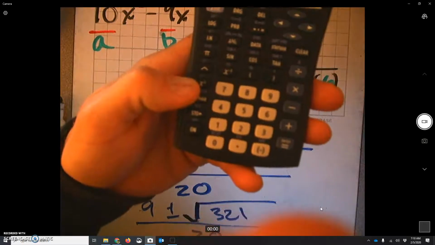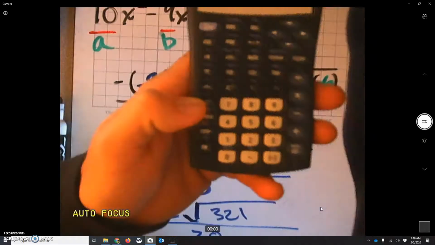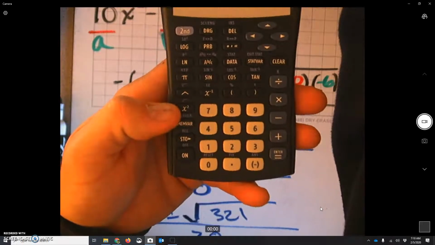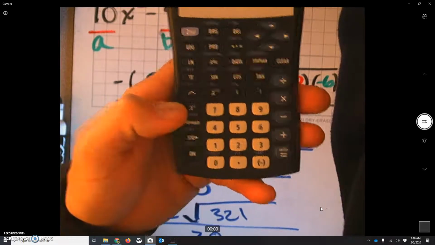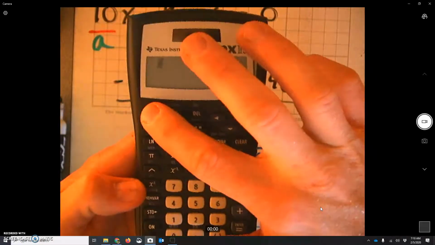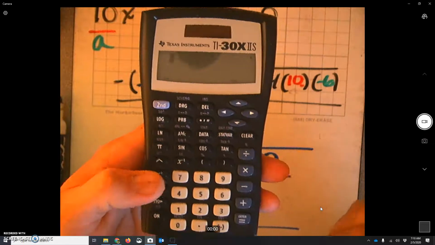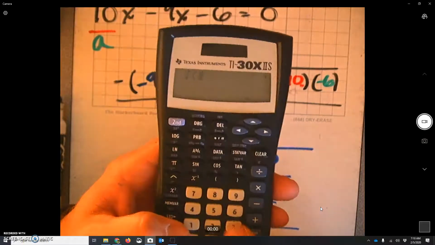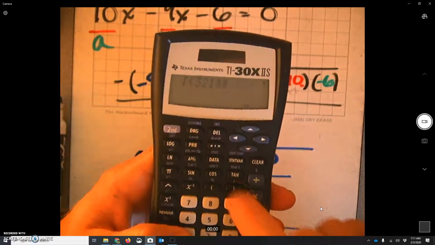Where is my autofocus button? There it is. So where my thumb is, it's the squared button. Behind it, in blue, is the square root. So if you hit second, which I did already, I'm going to clear it out. So hit second up here, the blue one, and then the square root button, and you'll get the square root. And then type in 321, parenthesis.